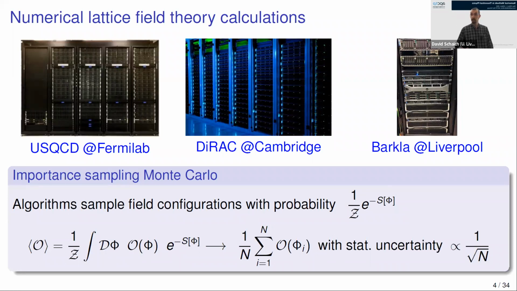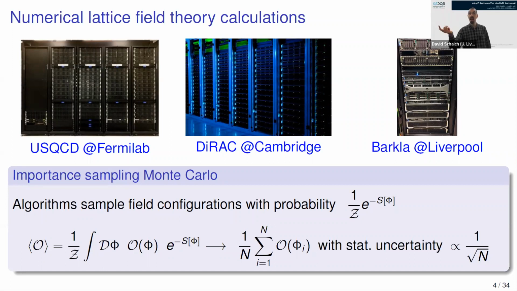The specific algorithm that we are using in all of this work is known as the rational hybrid Monte Carlo algorithm. And that I would say is the dominant algorithm throughout lattice QCD and lattice field theory more generally, accounting for well over 90% of investigations in that field. And once we have that approach to produce these samples of field configurations weighted by their probabilities, then the expectation values we are interested in are simply given by the average of the observables evaluated for some number N of independent field configurations.